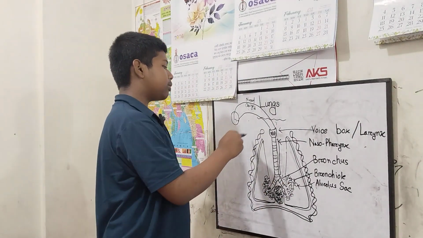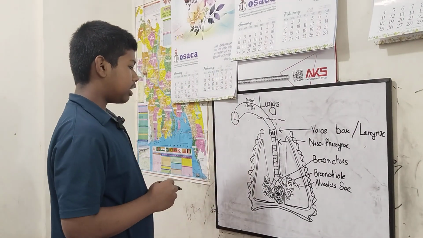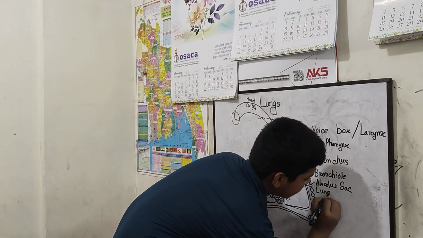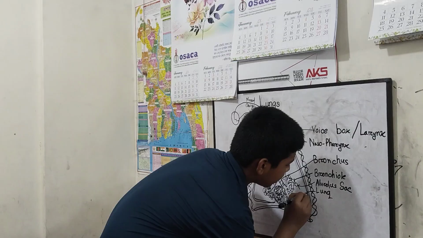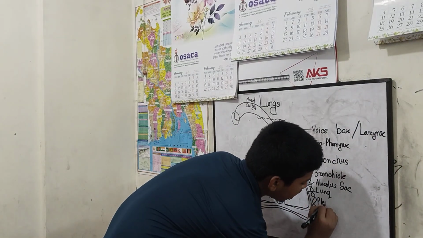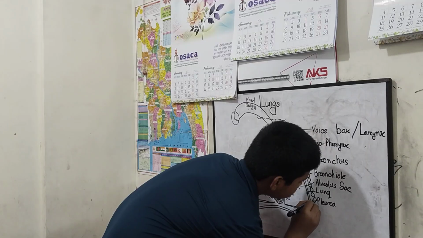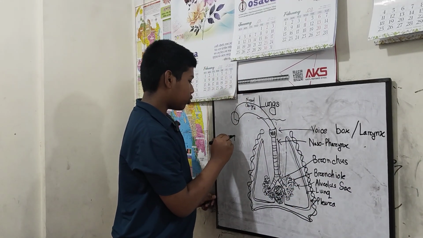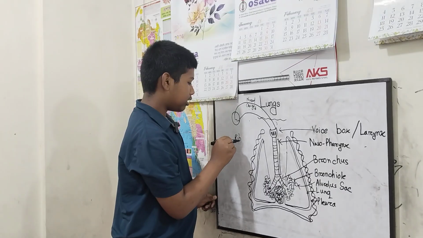There are rib-like things around these, but oh yeah, I forgot to say the lung. The lung itself is the inner side, but what about the outer part? It is known as pleura. And this object around it is known as ribs.